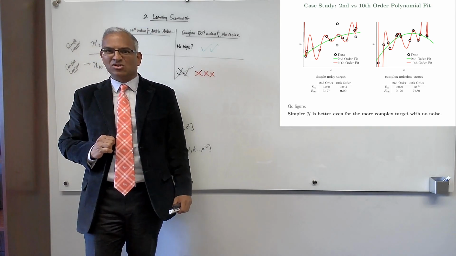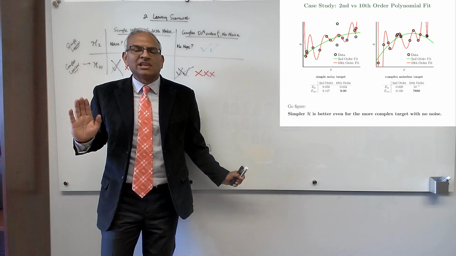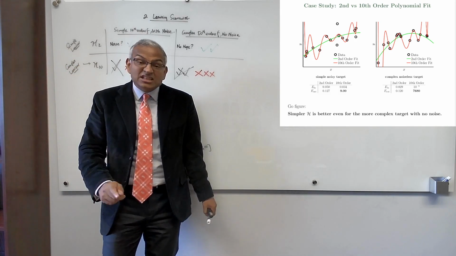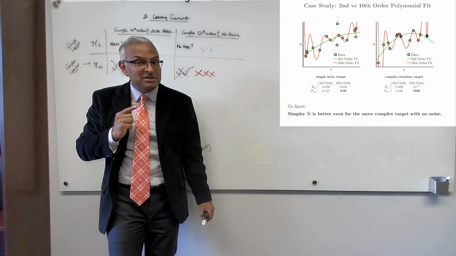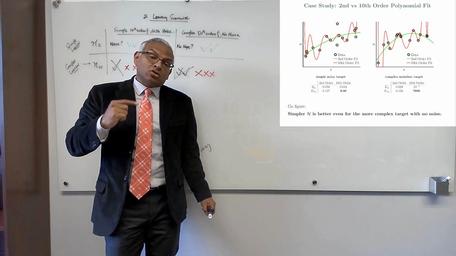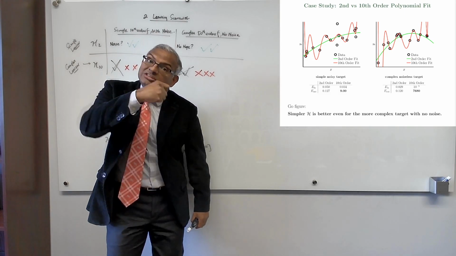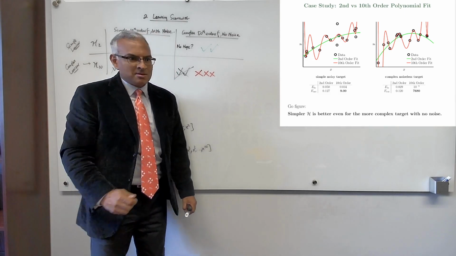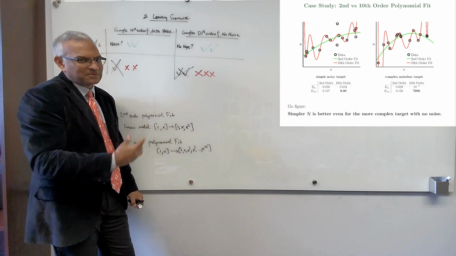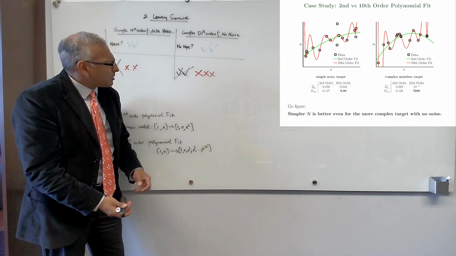That's what you're telling your boss. Thank you very much. You told me it's 10th order. I'm going to use second order. And if the boss asks you why, it's because you told me there's measurement error, and I'm afraid the 10th order polynomial might overfit. And even though that's the right order, it's too dangerous to use it to learn. That's where the money is. Very counterintuitive.